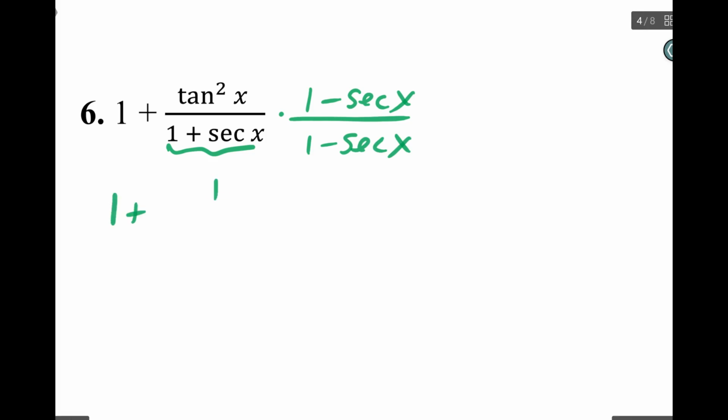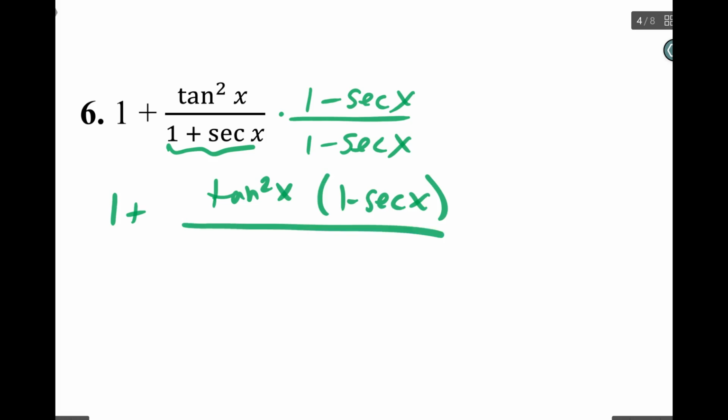1 plus tangent squared x plus secant of x over 1 minus secant squared x. So now I can use a Pythagorean identity on the bottom. Typically, tangent squared theta plus 1 is equal to secant squared theta.